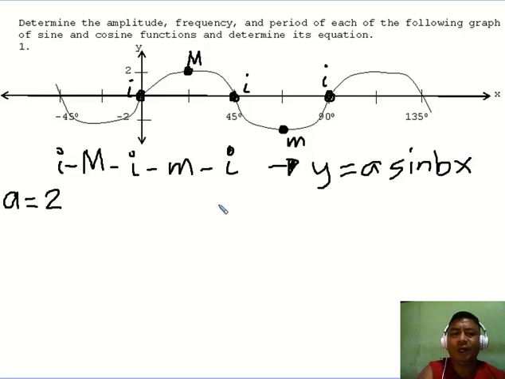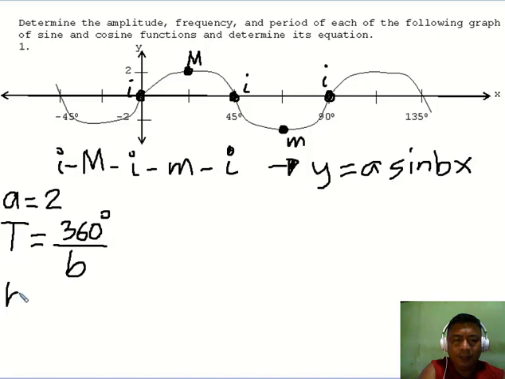The first thing we have to do here is to recall the equation for the period T. Let's recall, T is simply equal to 360 degrees all over B. If we solve for B, this is simply equal to 360 degrees divided by T, the period T. The period T is simply one cycle of the graph.